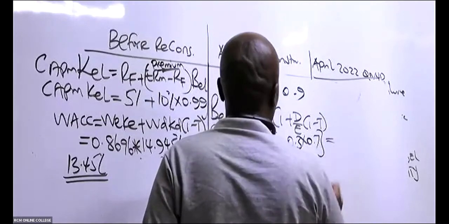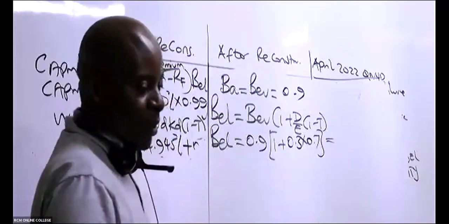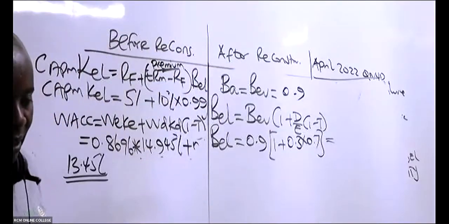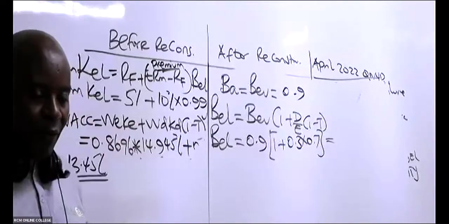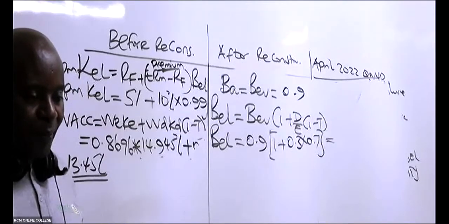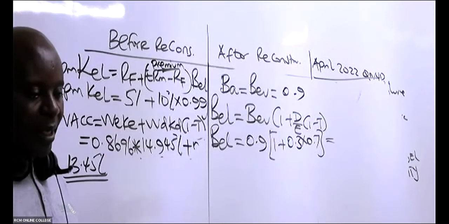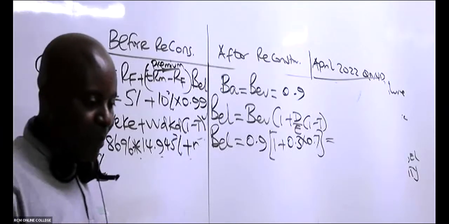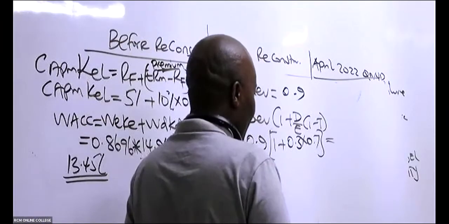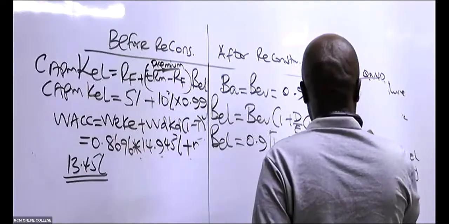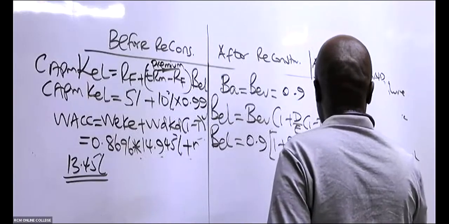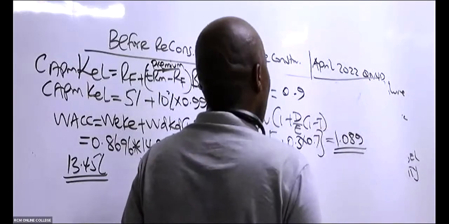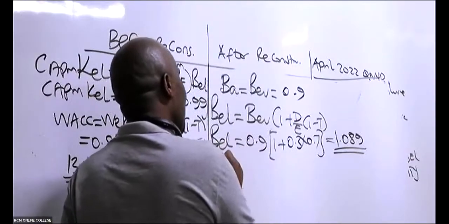Is there anybody who is able to give us this beta equity of a levered firm? 1.089. So we have here 1.089.